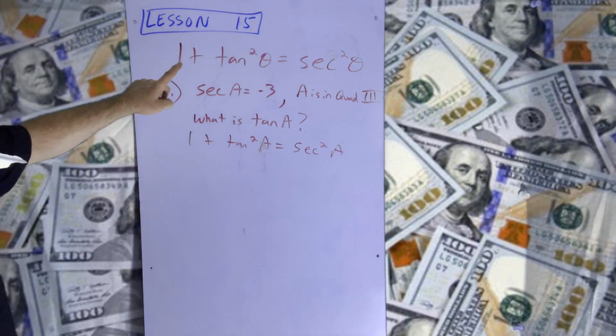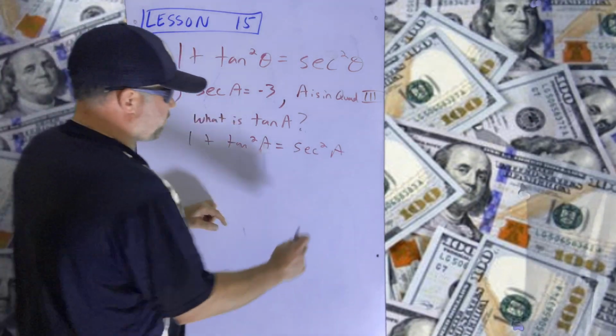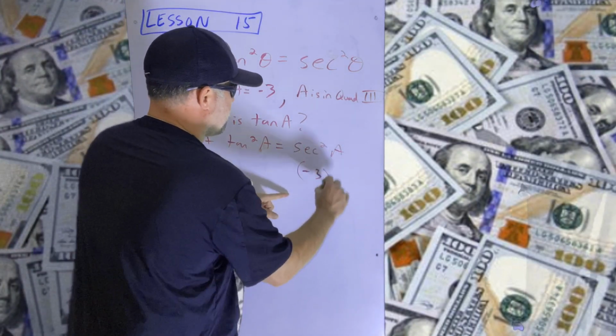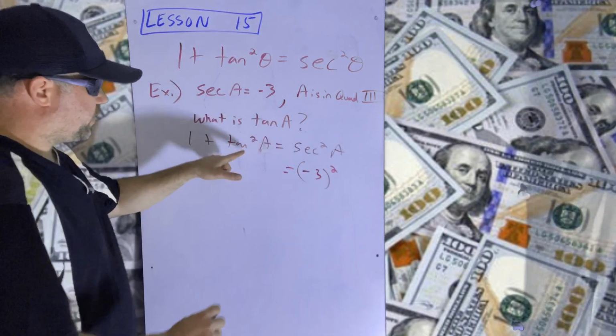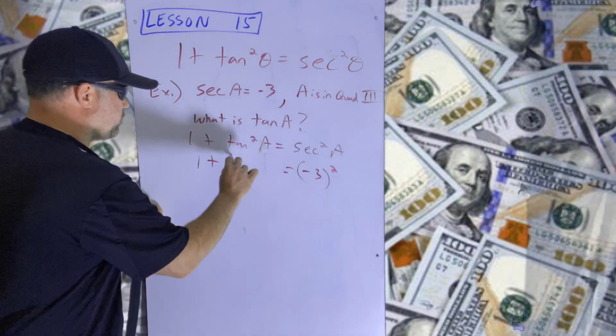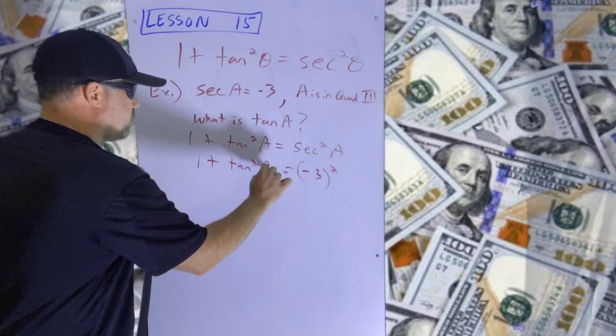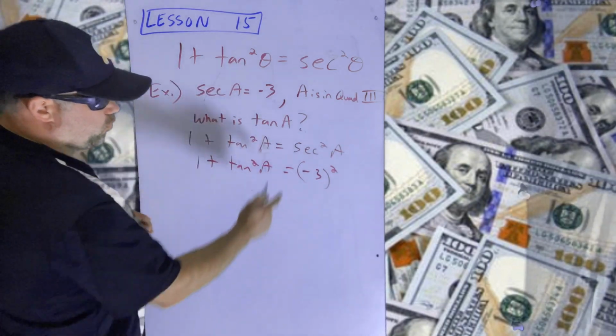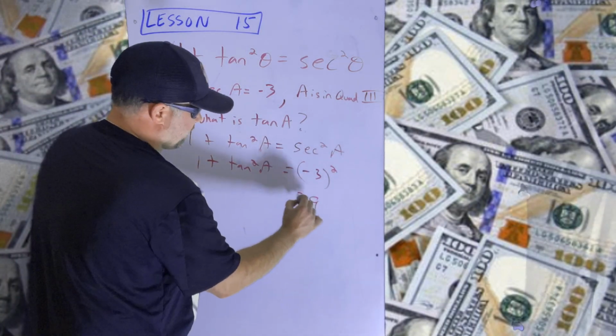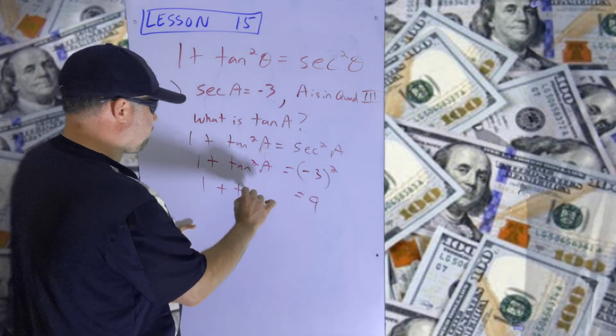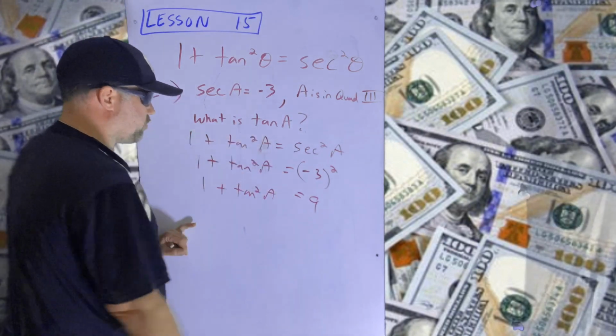So we're told that the secant is -3, so this is going to be -3 squared right here. We're trying to find tangent, so we're going to leave that as tangent. When I square -3, I get 9. So I have 1 plus tan squared A equals 9.